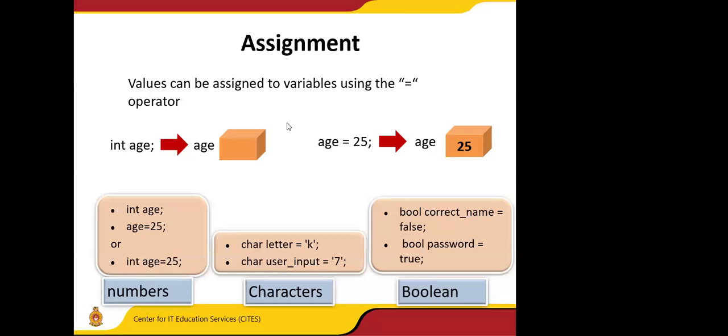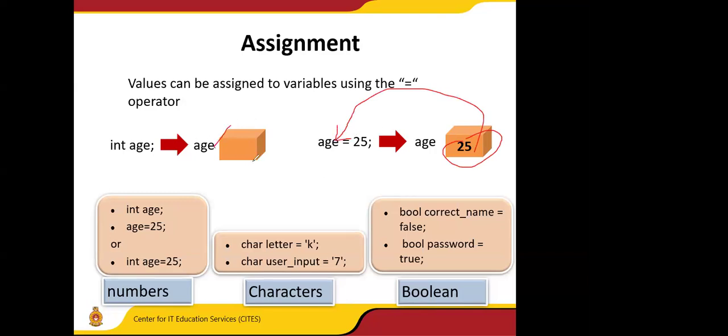Let's dive into the next point. We have some special things. Again, the assignment operator. It's basically an operator telling that I'm going to assign a value. Here we have 25. I'm going to add this 25 into age.